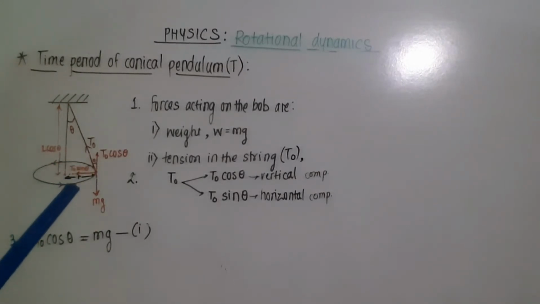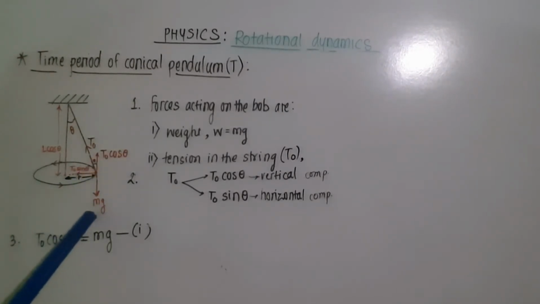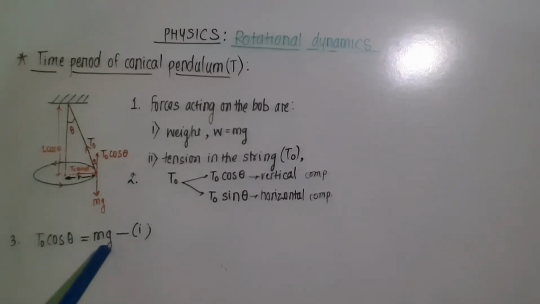From the diagram we can see that the vertical component of tension T0 cos theta is balanced by the weight of the bob, which is equal to mg. So we can write T0 cos theta is equal to mg. Let this be equation 1.